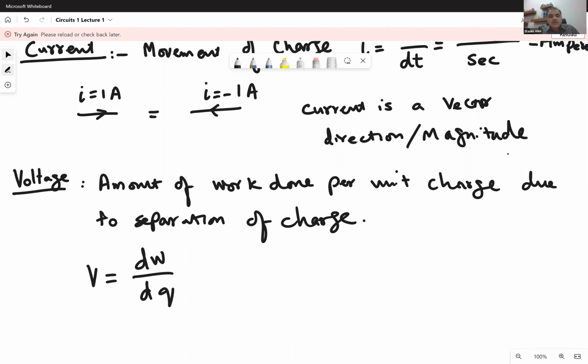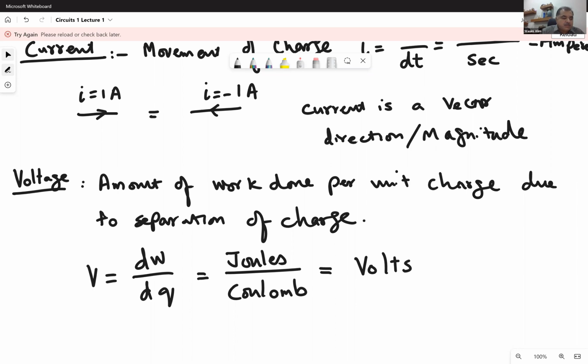Okay, so any work done per unit charge is what the voltage is, and the units for work are joules. So joules per coulomb is going to be the unit for voltage, or for simplicity, it is indicated as volts. Okay.